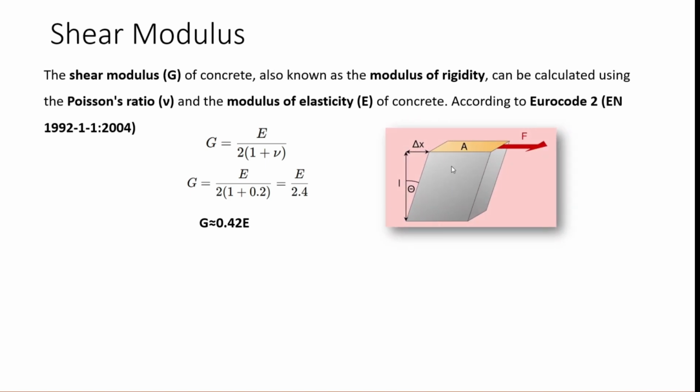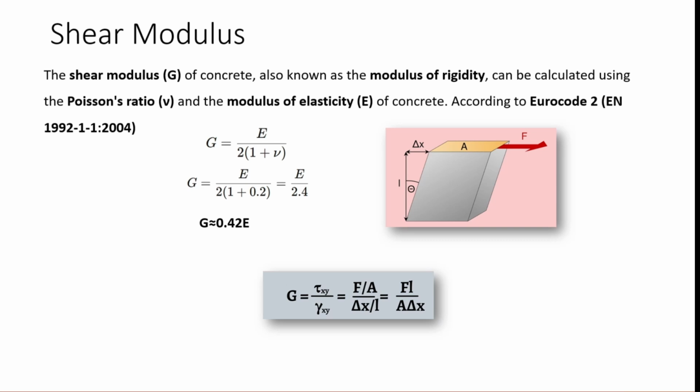In this pop-up, we see that if we have a force that is acting on this area, this force is going to cause a shear stress. The height from here to the top is L, and when this force acts here, it is going to cause a displacement.